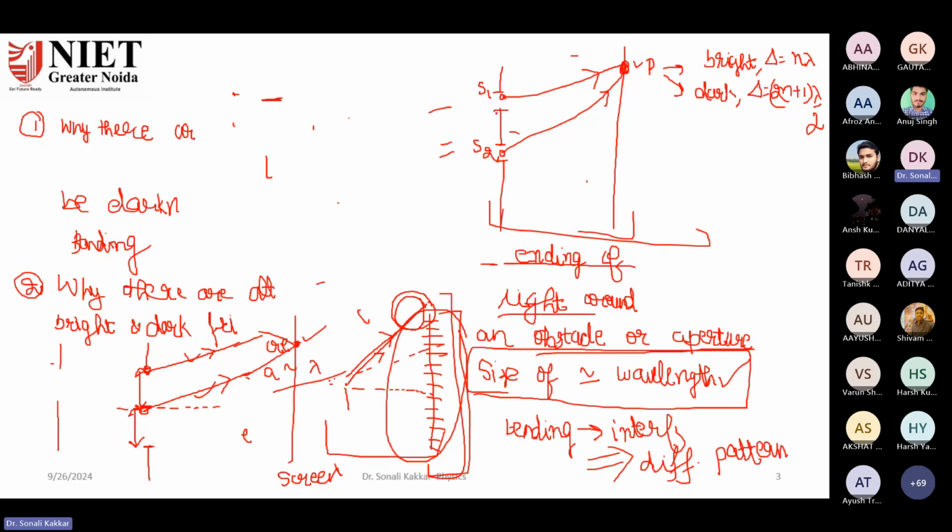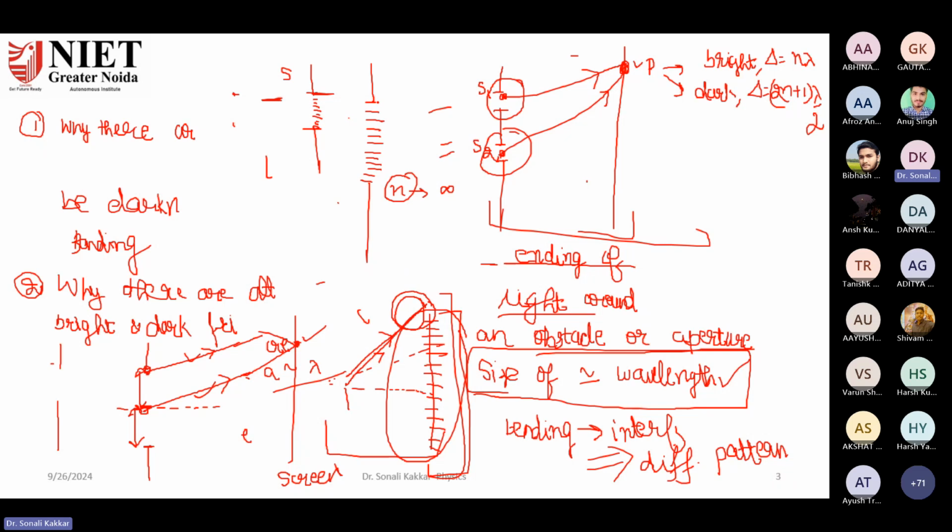Now in place of two different slits, you have a single slit, this slit S. But similar to the rays from two different slits, there are different regions in this slit. You can think of it like you're dividing the slit into different regions. There are n number of regions you can divide the slit into, where this n can approach infinity.